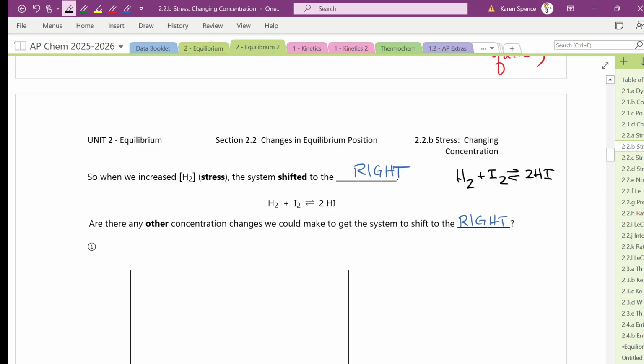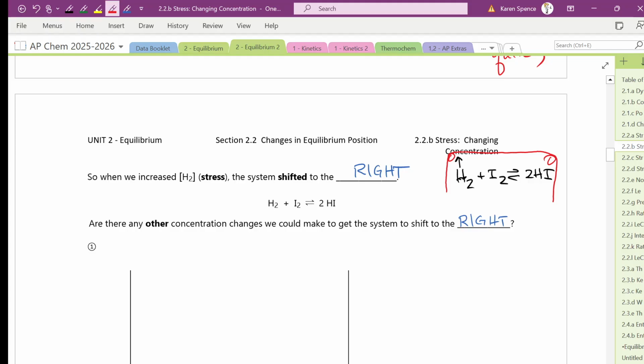what I imagine for myself when I'm trying to predict which way it's going to shift, of course I can think it through, but sometimes I like a really quick visual. So I will say H2 is increasing, so I'm going to draw an arrow there. Then I'm going to pretend that I have a sort of pulley system, a little pulley here and a little pulley here, and a chain that goes all the way around.